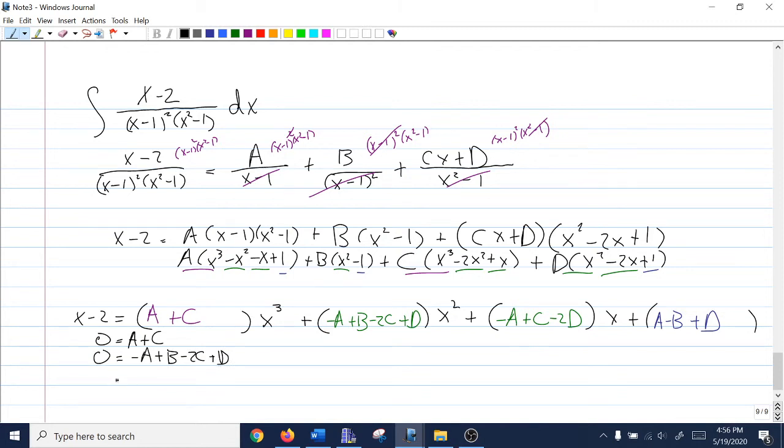My x coefficient, negative a plus c minus 2d, needs to equal the x term, which is 1, and my constant term, a minus b plus d, needs to equal the constant term, which is negative 2. I got 4 equations, 4 variables. My number of equations should match my number of variables. It does. Good deal.